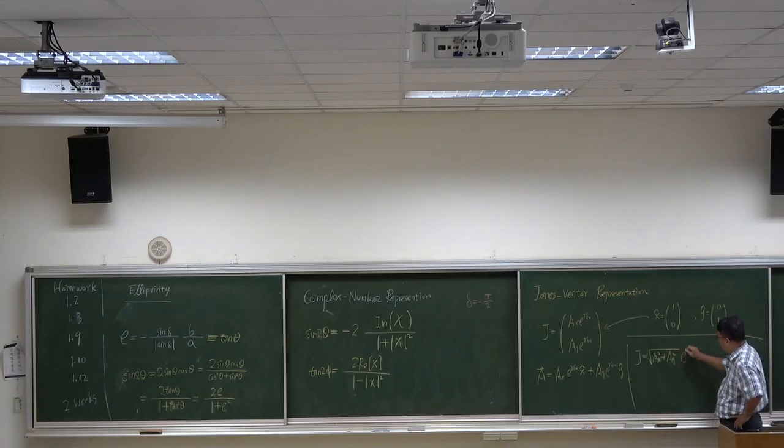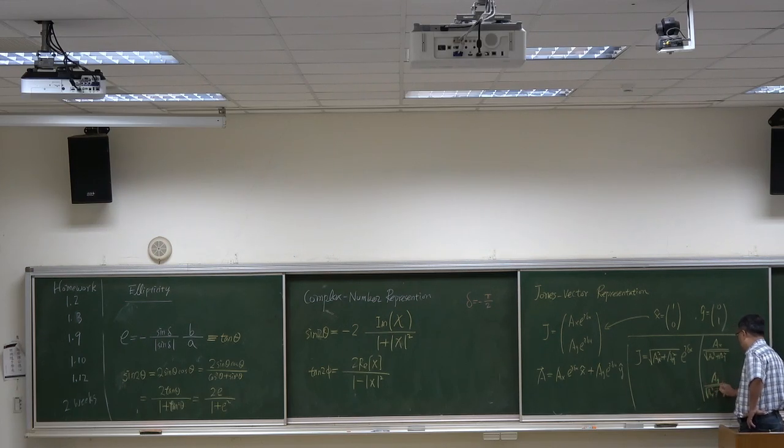And we can factor out the phase exponential i delta x. And then we have this: ax over square root of ax squared plus ay squared, ay over square root of ax squared plus ay squared, times the exponential i delta.